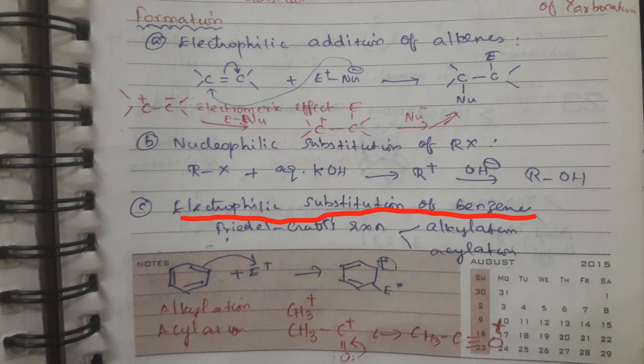During the reaction we get a carbocation. During alkylation, CH3 plus or alkyl carbocation is produced. During acylation, acyl carbocation, that is CH3CO plus or RCO plus, is produced. Acyl carbocation is much more stabilized by resonance. I hope you all remember it. So that is one kind of carbocation.